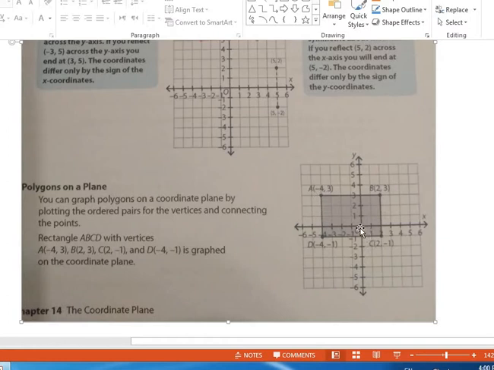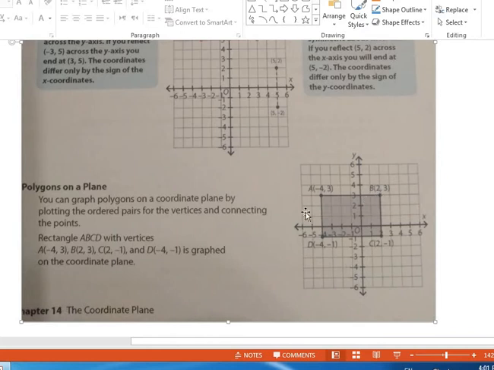So from 0 to -4 on the x-axis, then I go up until I reach 3 on the y-axis. This is the ordered pair of A, (-4, 3). Moving to B, (2, 3): start with x and then go up until you reach y.